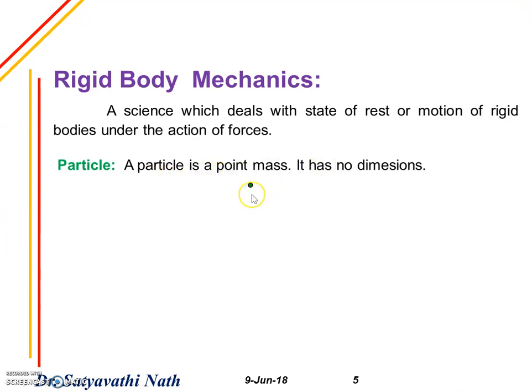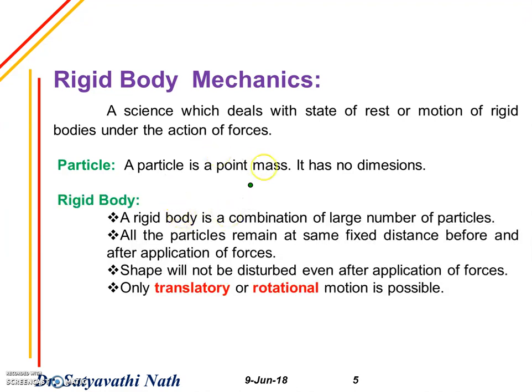It has no dimensions. Whereas rigid body is a combination of so many point masses. It consists of so many point masses, that means so many particles. Rigid body is a combination of large number of particles.